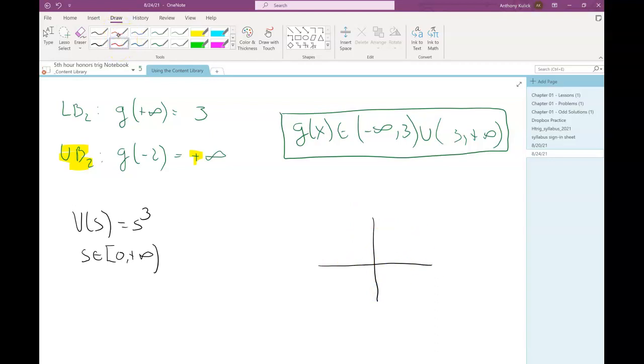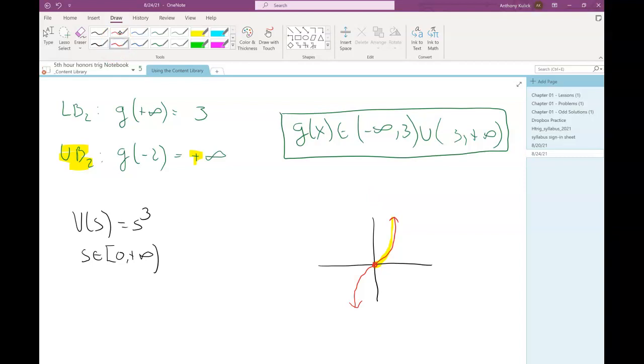This one should be fairly easy because it's just a degree 3 polynomial. If you remember, y equals x cubed kind of looks like this, right? This is a little bit simpler because we only have this part of it, but it's pretty easy to see that that's increasing, right?